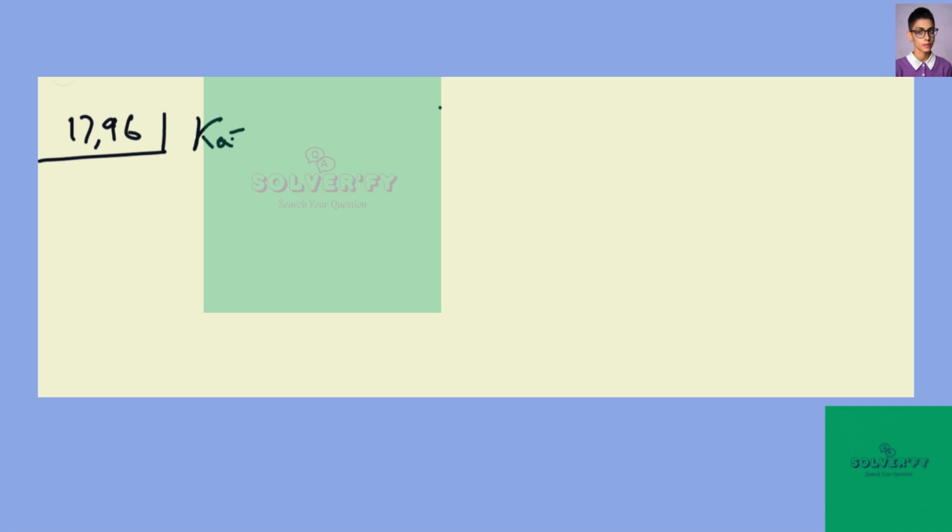So we can go ahead and write the Ka for lactic acid, which is 1.4 times 10 to the minus 4. And since we're dealing with a buffer here, we put in the Henderson-Hasselbalch equation. And the pKa will be equal to 3.75, and then we have the log of base over acid.